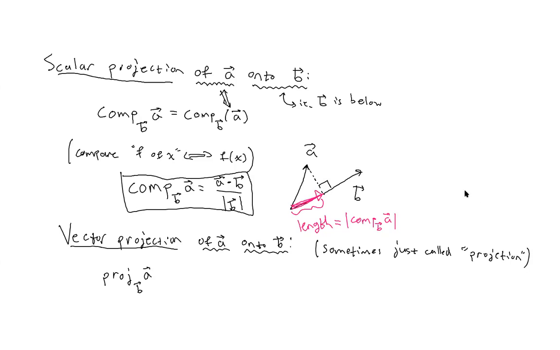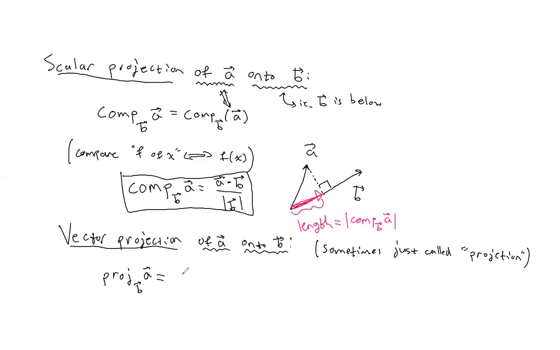In this class, when we say vector projection, we'll say vector projection. If we want a vector projection, we're going to say vector projection specifically. And likewise, when we want a scalar projection, we'll say scalar projection. But in general, outside of this class, if you have to deal with projections at some point, which you may, then sometimes they'll just call this the projection. They won't specify scalar or vector. But if they don't specify, that usually just means vector.